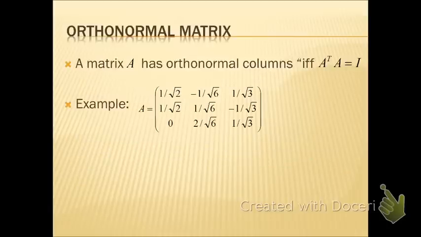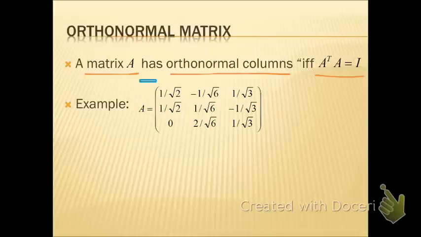So now let's look at what we call an orthonormal matrix. We have a theorem that says a matrix A has orthonormal columns if and only if when I take A transpose and multiply by A, I get the identity matrix.